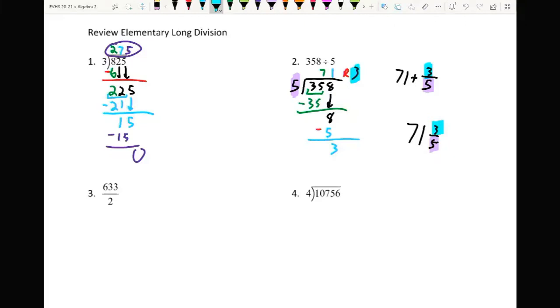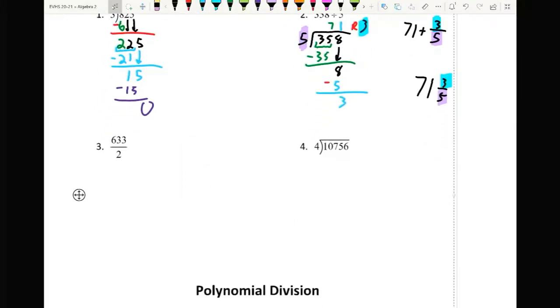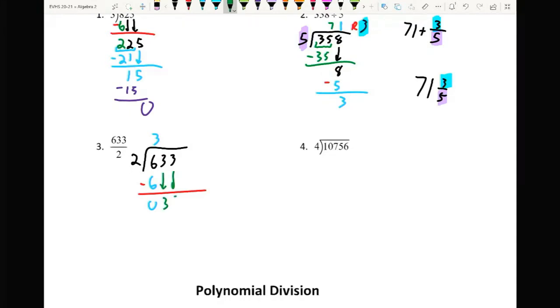Okay, so 633 divided by 2. We need to rewrite that as a long division problem. So how many times does 2 go into 6? It goes in 3 times. 3 times 2 is 6. Subtract those, and I get 0. Let's go ahead and drop our 33. Now, how many times will 2 go into 3?